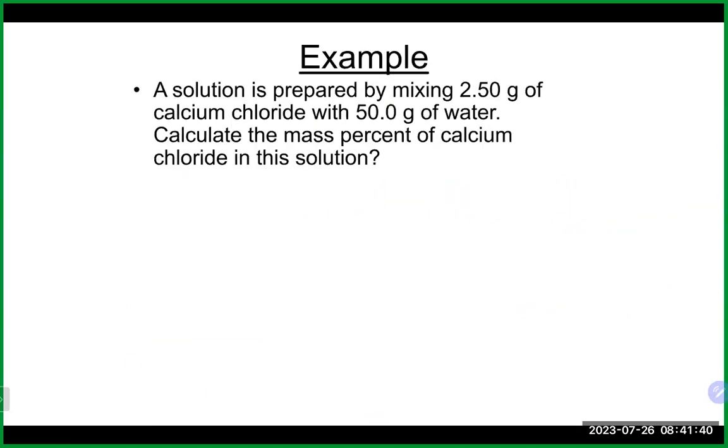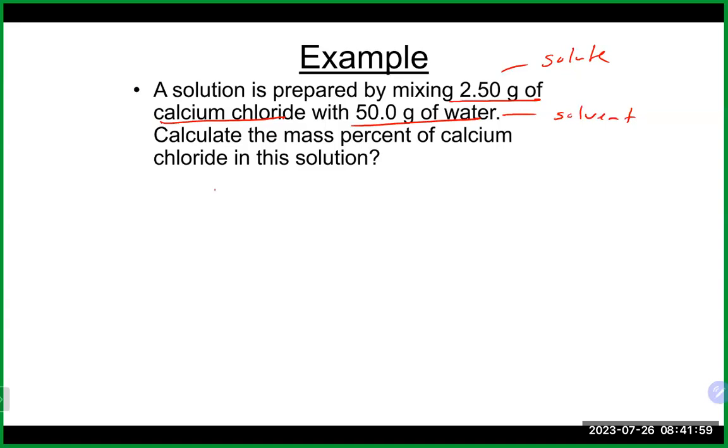In this one, we did this example earlier when we were talking about titrations and solutions in an earlier chapter. Remember, here we have 2.5 grams of calcium chloride, which would be our solute, and 50 grams of water, which would be our solvent in this case.